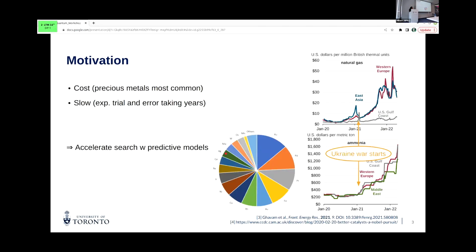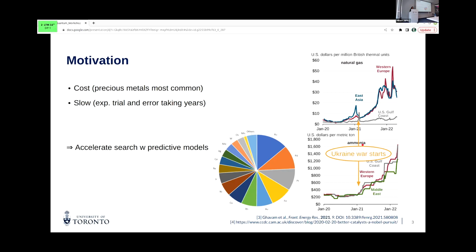As I said before, the natural gas prices affect the price of ammonia largely. And we already know that natural gas prices are very sensitive to a lot of factors, such as the Ukraine war, which was a starting point to a huge spike in prices.